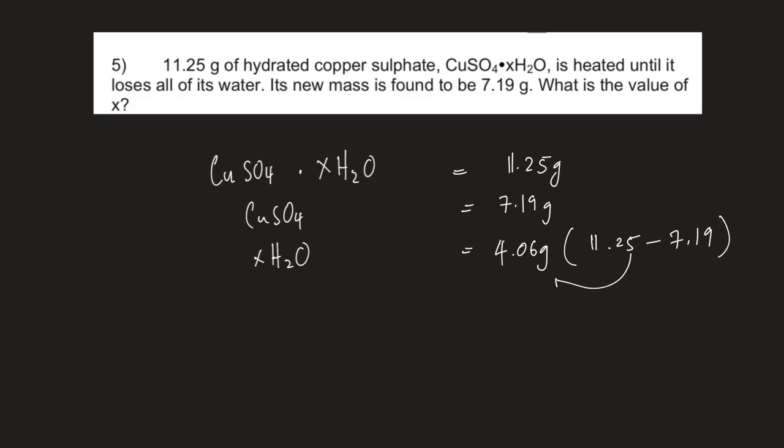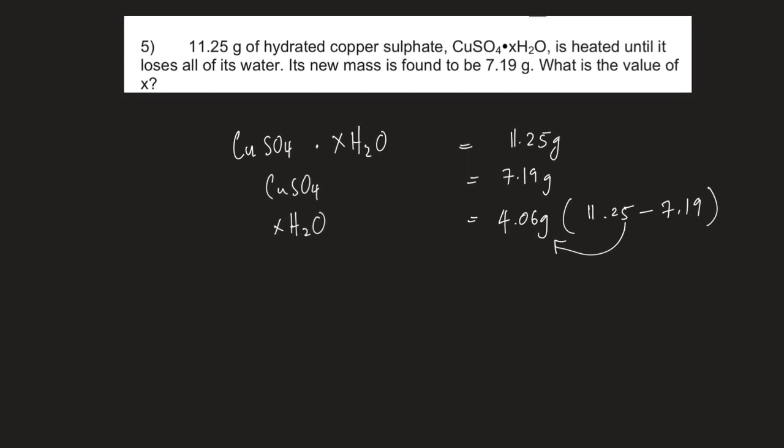Okay. Alright, so what I need to do now is my mole to mole ratio and my mass to mass ratio situation. So I'm going to go CuSO4 is to XH2O, and that's going to be 7.19 is to 4.06.